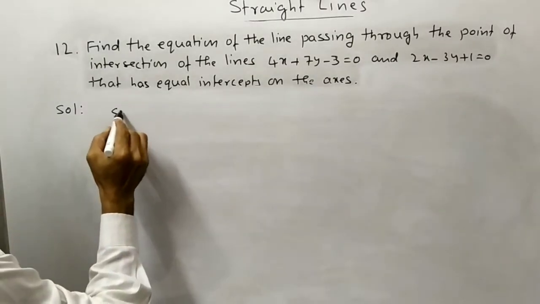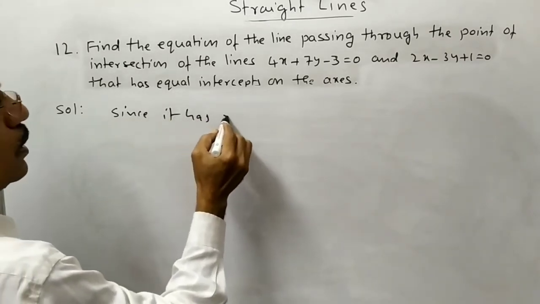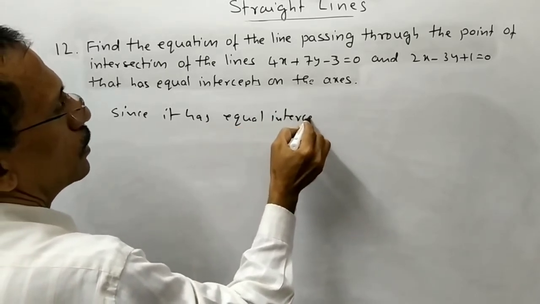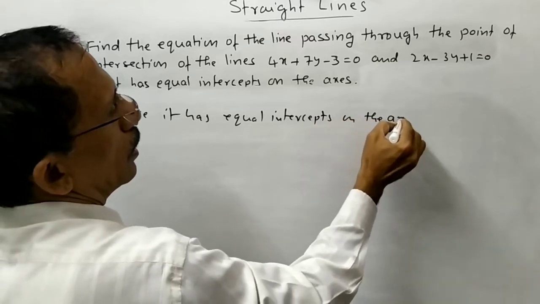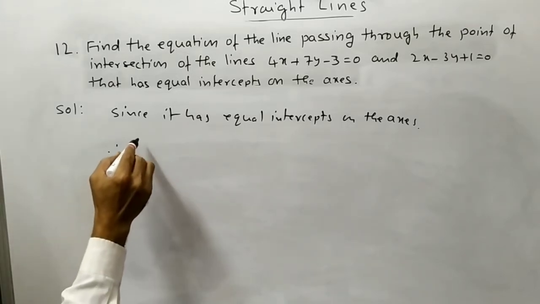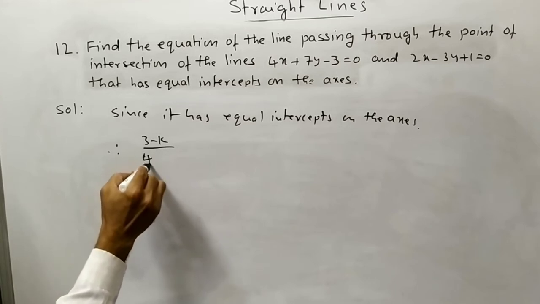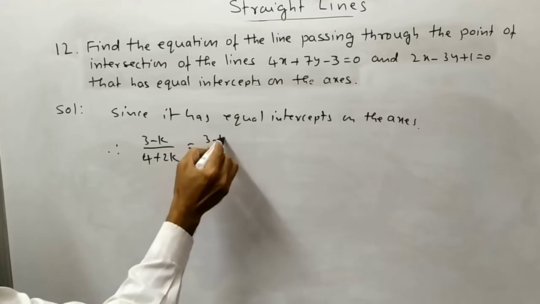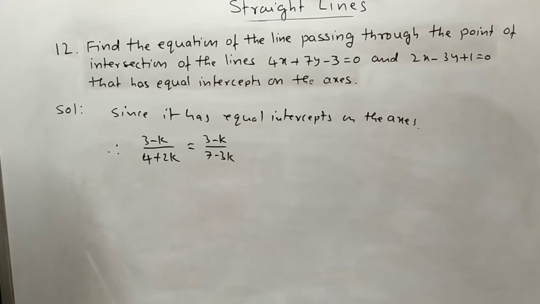Since it has equal intercepts on the axis, therefore 3 minus k divided by 4 plus 2k is equal to 3 minus k divided by 7 minus 3k.